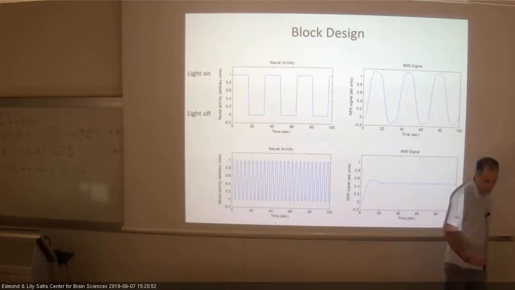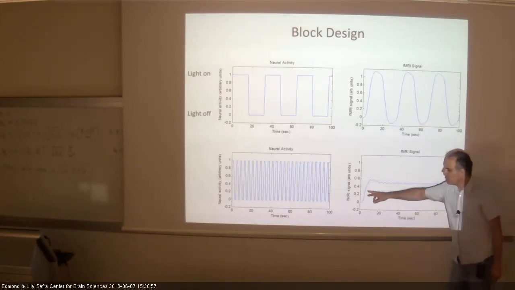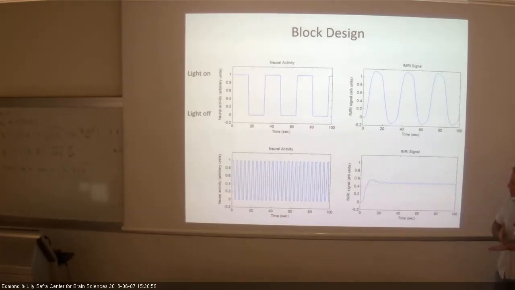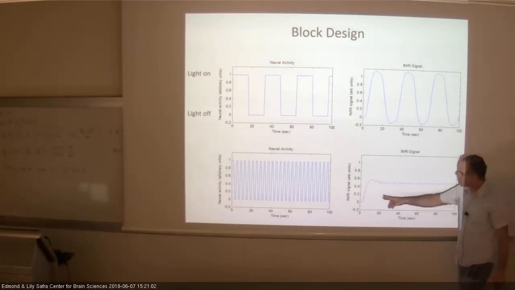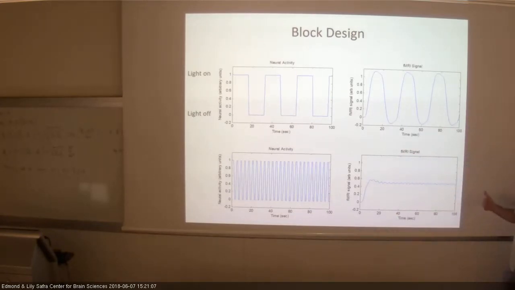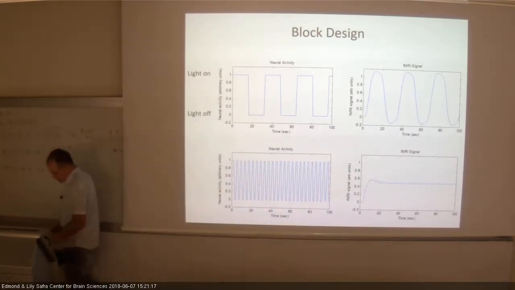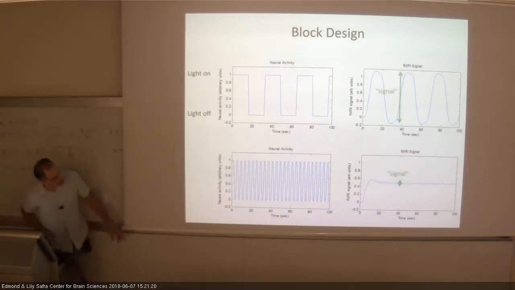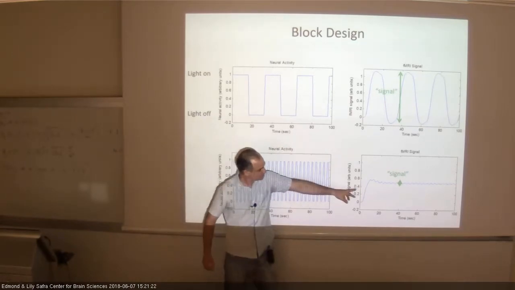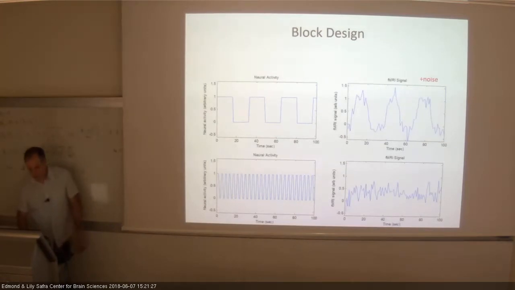If we want to measure the initial rise in the signal, we're good. If we want to measure different events here, because this block is different from this block and so on, we're not good, right? We have a very, very low energy relative to the changes that we could have here. The signal, if you want to check the difference between the blocks, is very small. This is basically the signal here. So we don't want to do that.